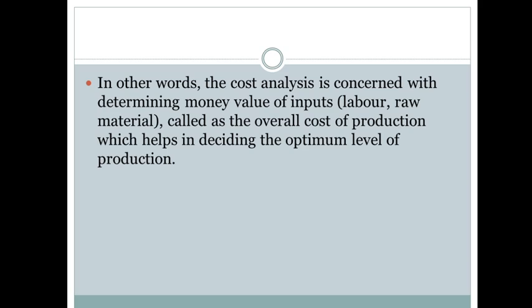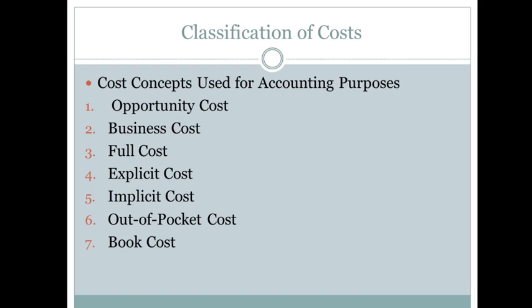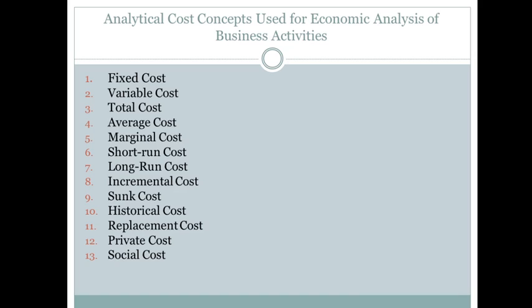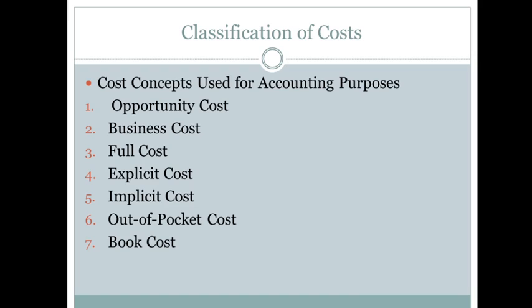So here cost analysis is concerned with determining money value of output. Now these costs have been classified broadly on two bases, that is cost concepts used for accounting purpose and analytical cost concepts used for economic analysis of business activities. Here these two types of classifications are there.